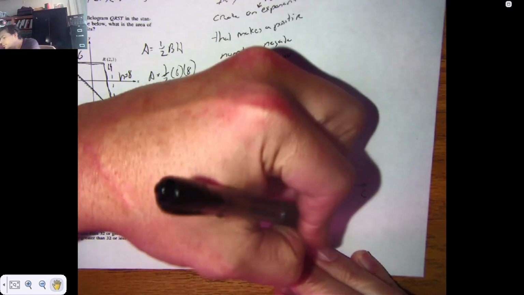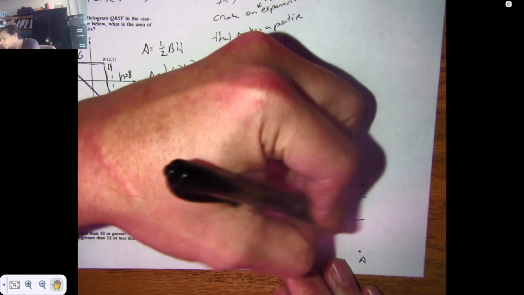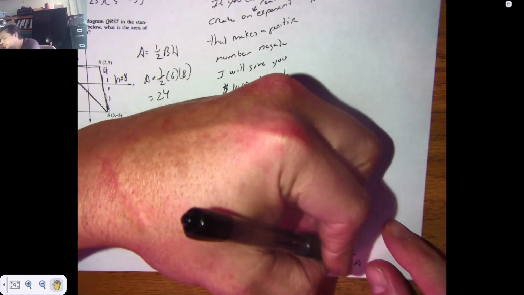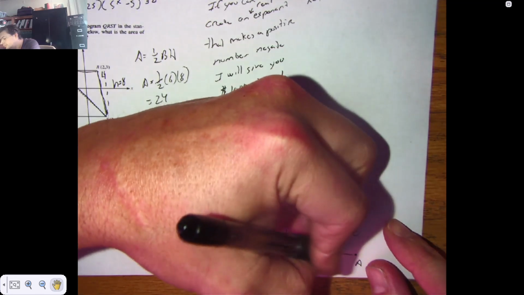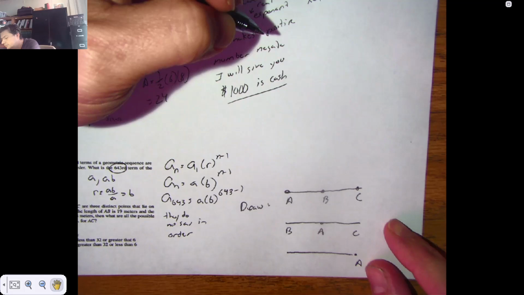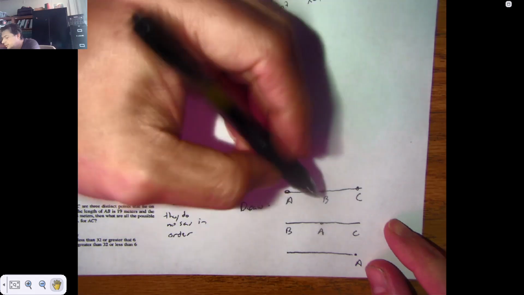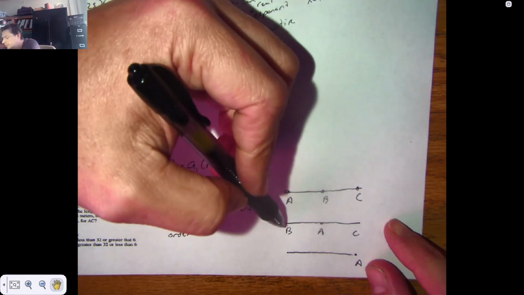And what I'm going to do is I'm going to move A to the middle, then I'm going to move A to the end. So it might be BAC, or it might be BCA. B's in the middle, B's at the end.